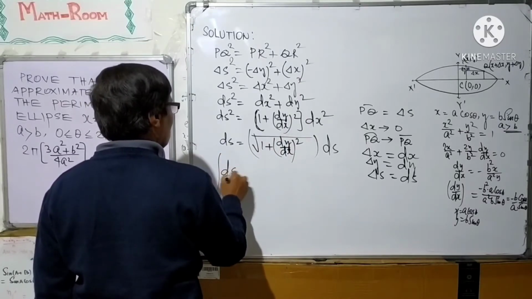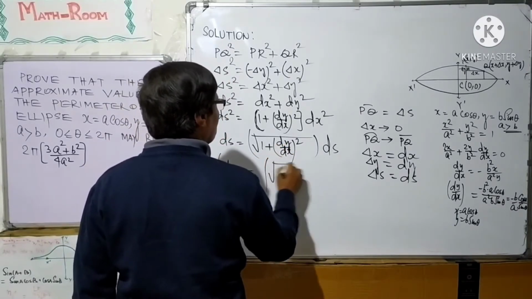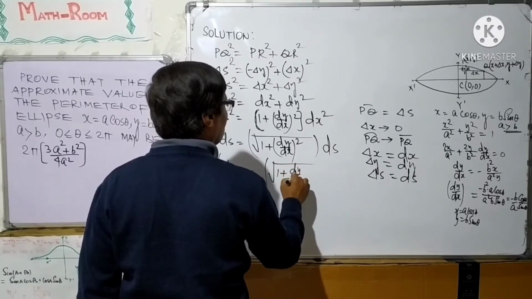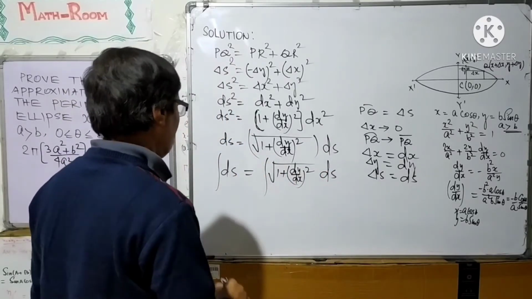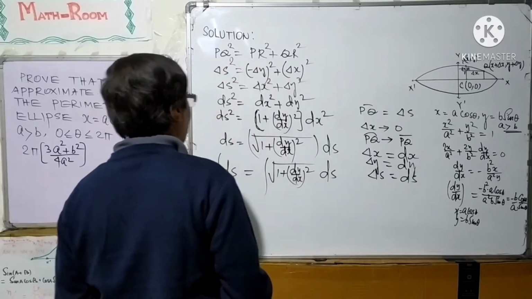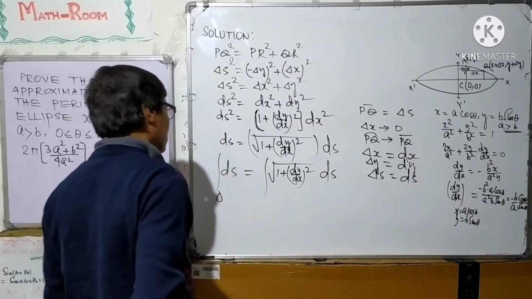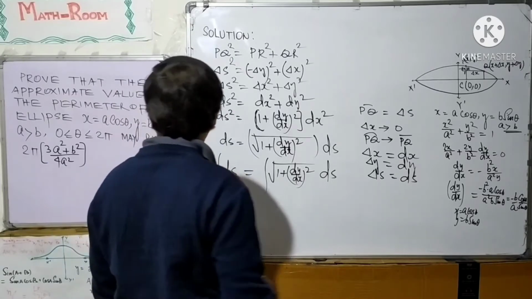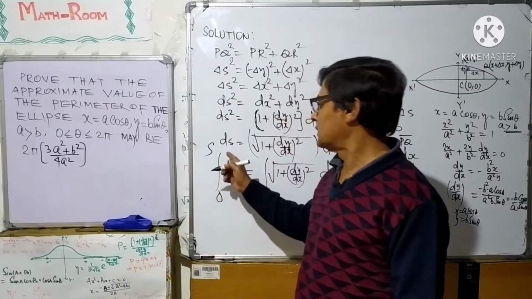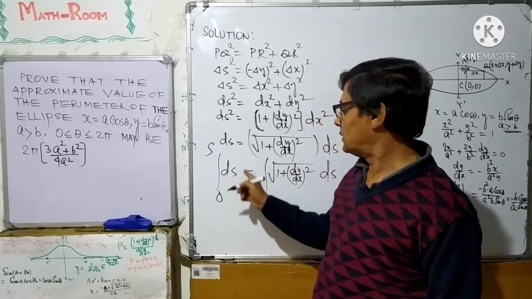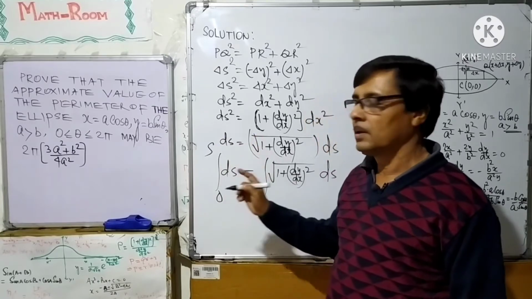Integrate ds equal to the integral of this expression, and we take the limit of small s from 0 to the total perimeter, that is considered as capital S. The entire perimeter of the ellipse is considered as capital S. So we take the upper limit of small s as capital S and the lower limit as 0.